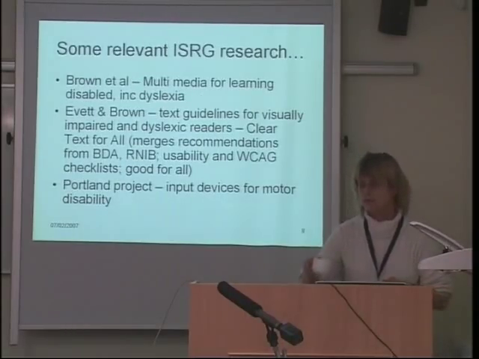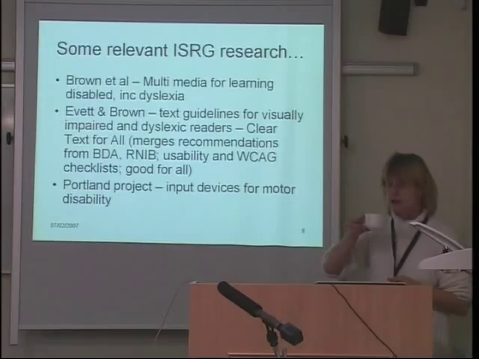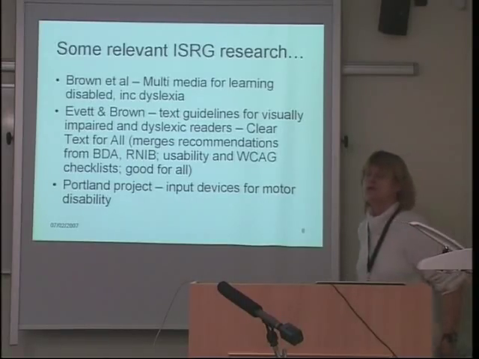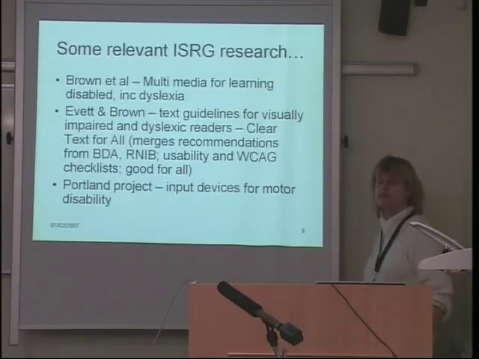We have done various research in this department, the Intelligent Systems Recognition Group. So there's a paper by Brown et al. which looks at designing multimedia for people with learning disabilities, and there is a section on there on dyslexia.